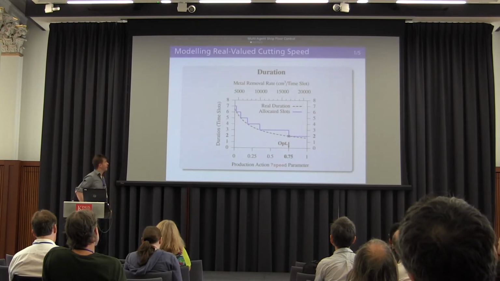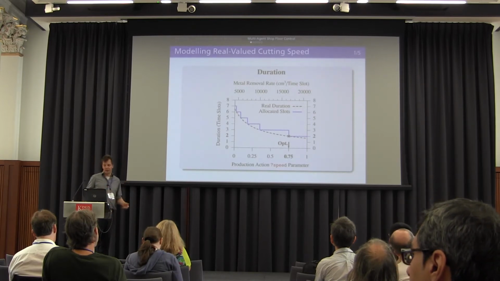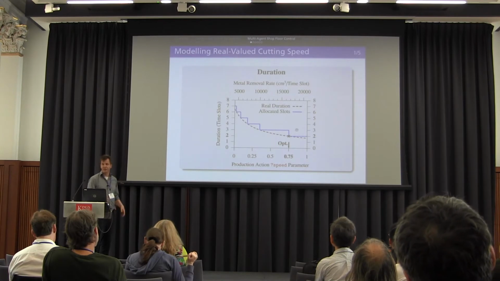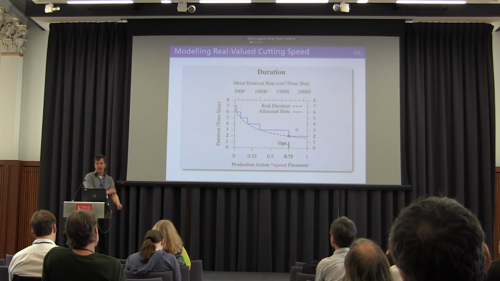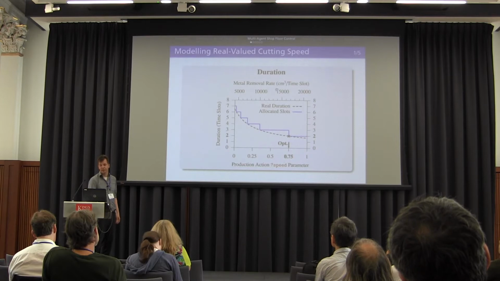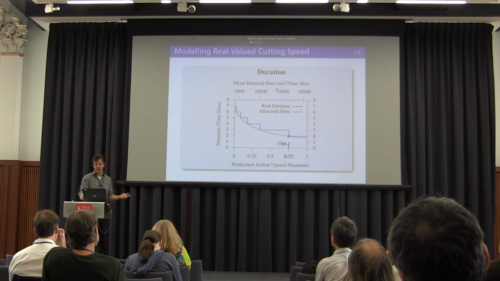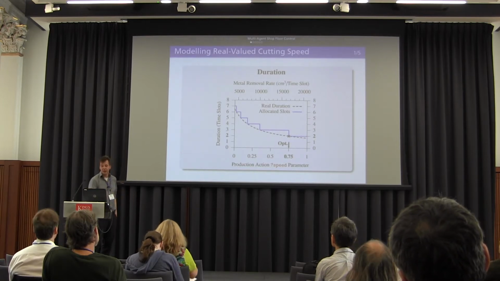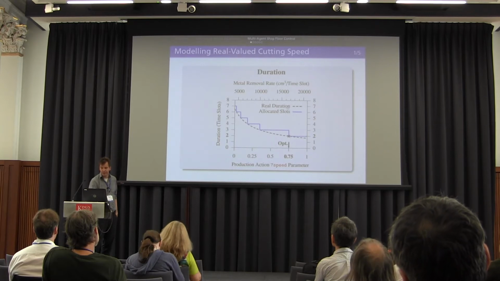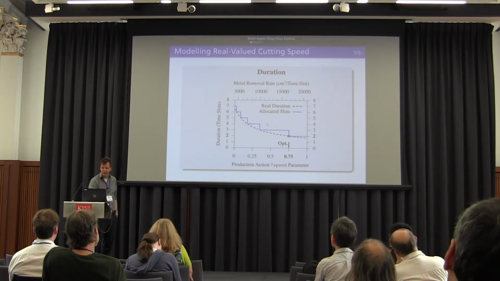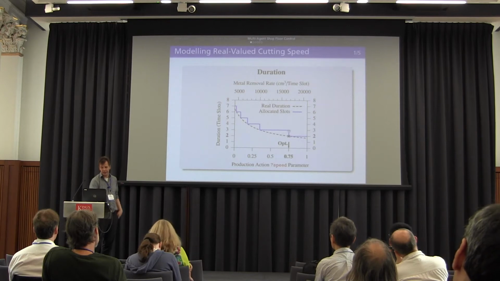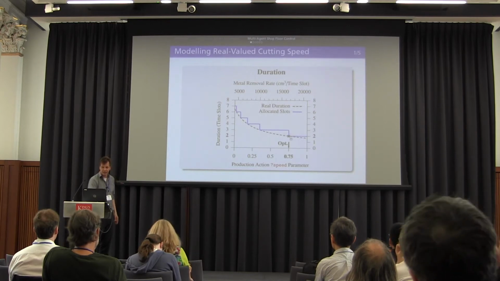And if you have those real valued parameters, in this case the speed of the drilling machine, which removes metal from some precision gears or some engine part, then the real duration is this line, and the modeling in key performance indicator is this, and the optimum is somewhere here.